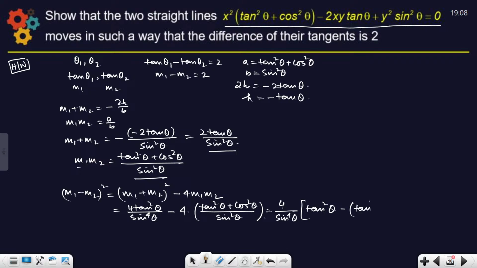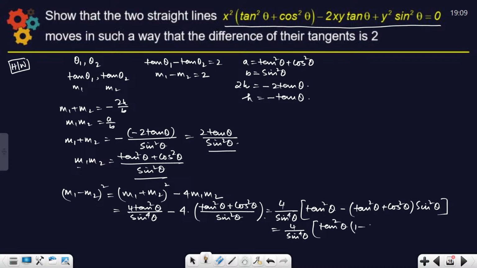So tan square theta minus (tan square theta plus cos square theta) times sine square theta. Right? So 4 over sine to the power 4 theta. If I multiply, here, if we open the bracket, it's tan square theta minus tan square theta sine square theta.